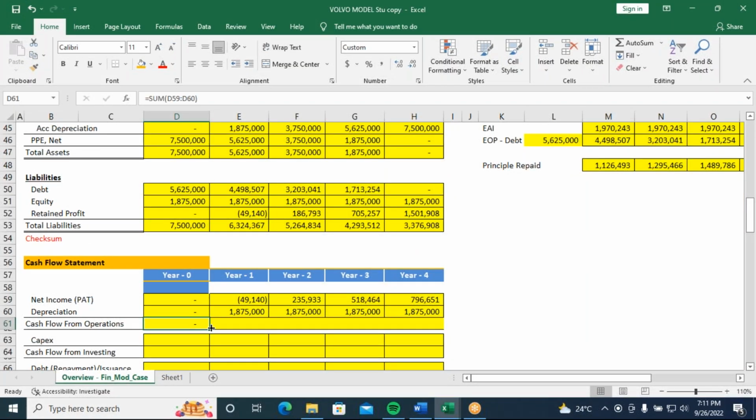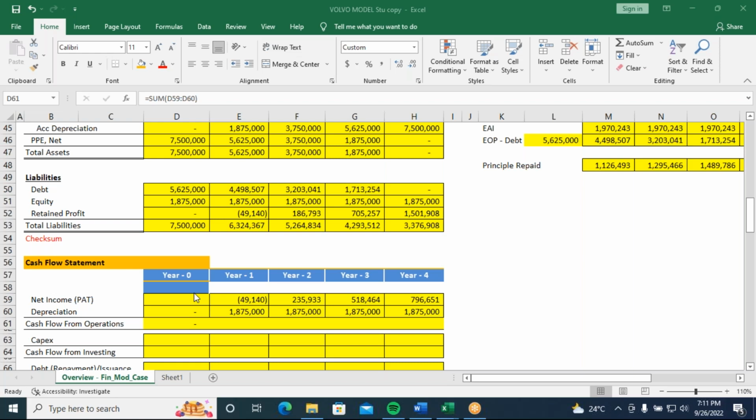Ma'am, why do we add depreciation? So we need to know the net cash flow in the operation, whatever the cash flow that has happened. Initially, for the first year, there is no profit that has happened, and the depreciation what it has happened.